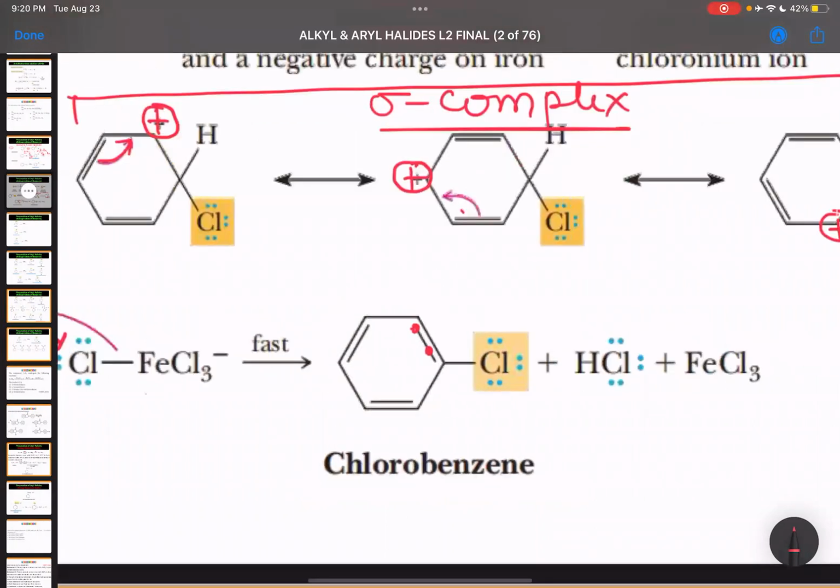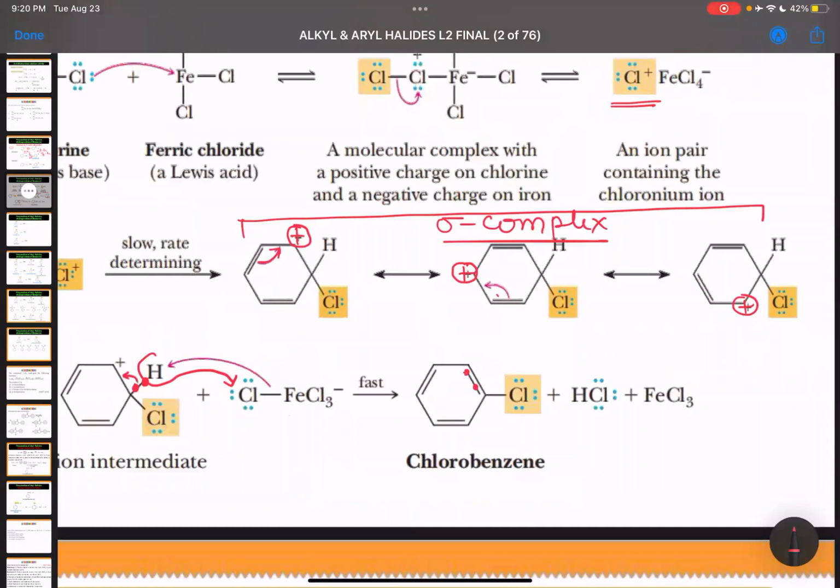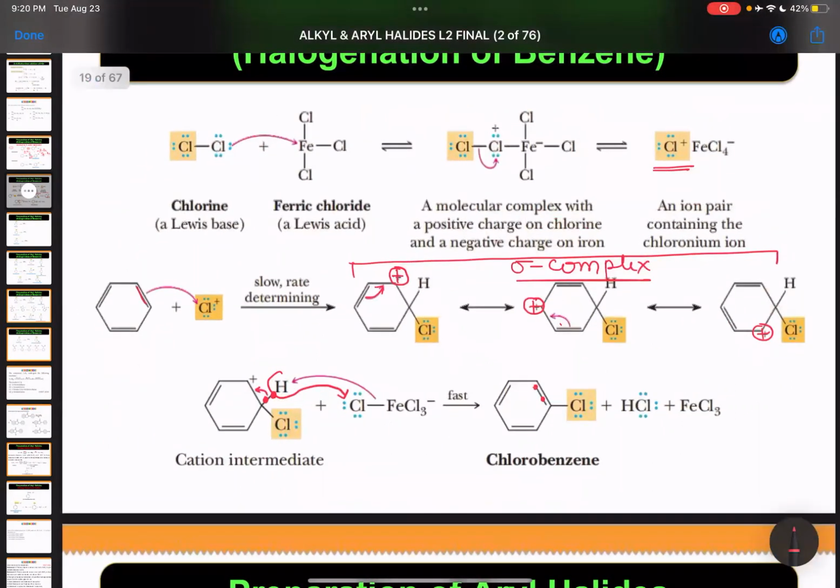So what has happened overall is you generated Cl plus by taking Cl2 and the Lewis acid catalyst, in the absence of light, in dark. That also you should know. The Cl plus will go and attack the benzene by taking away one pi electron density from it, and the plus charge will form.